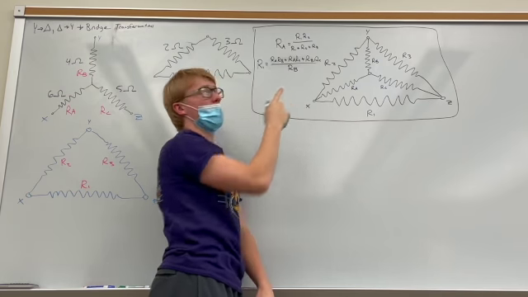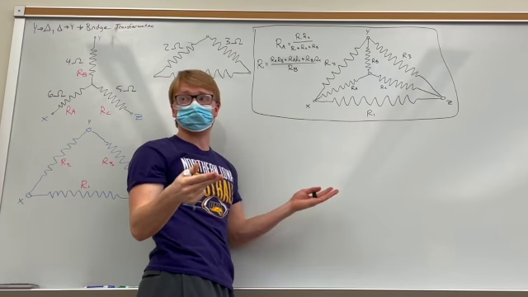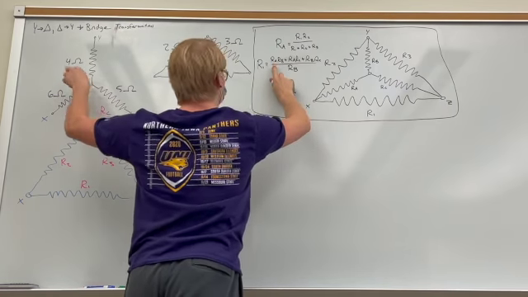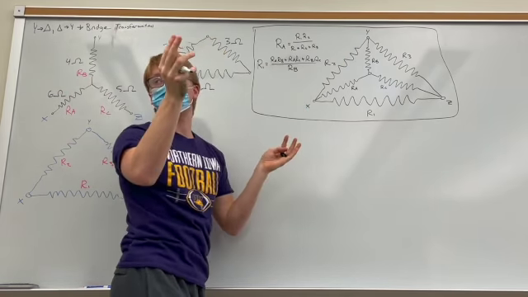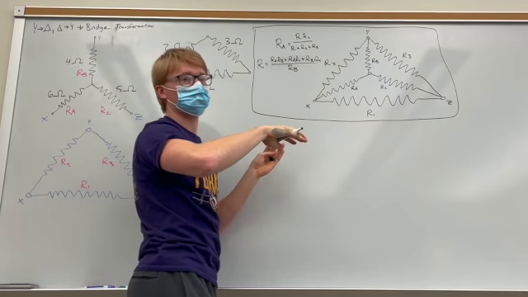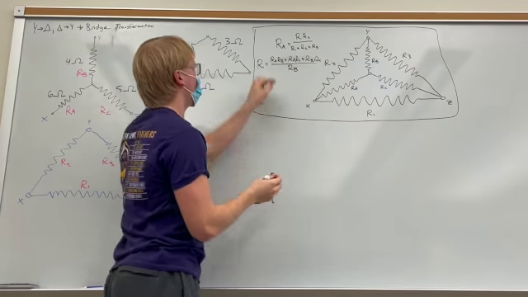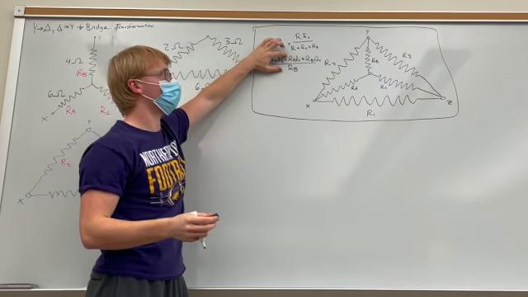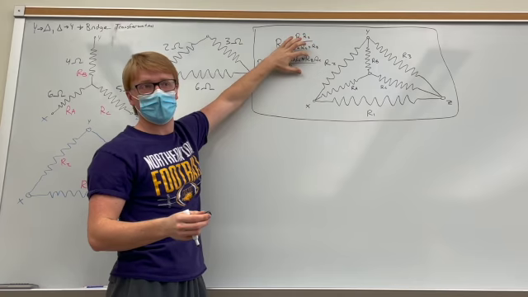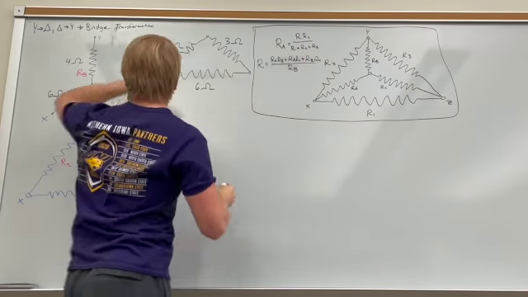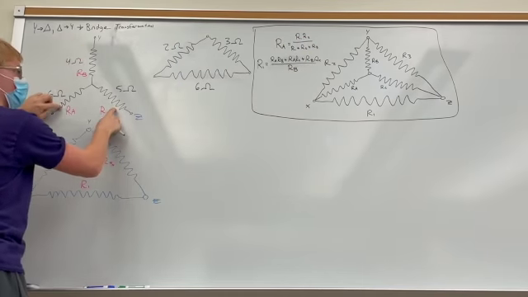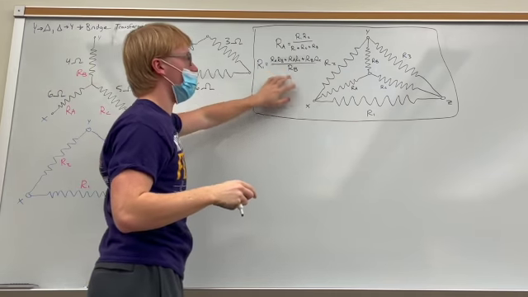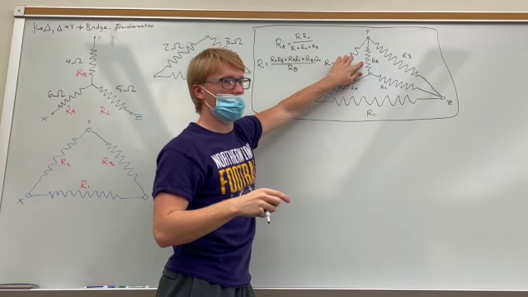The numerator is all the different combinations of the letters: A times B plus A times C plus B times C. It's this times this plus this times this plus this times this. And then the denominator is just the one across from it.